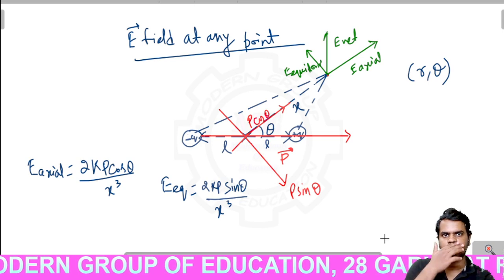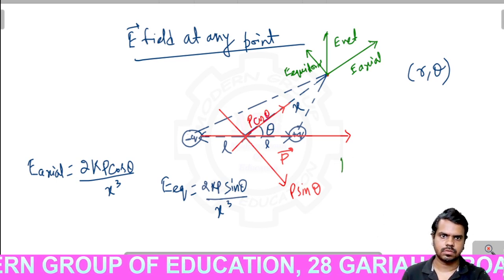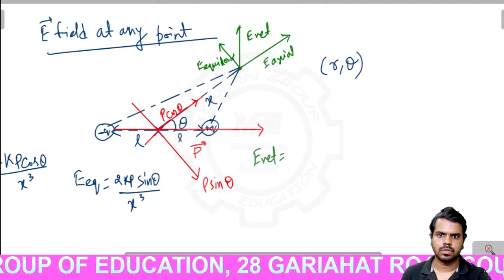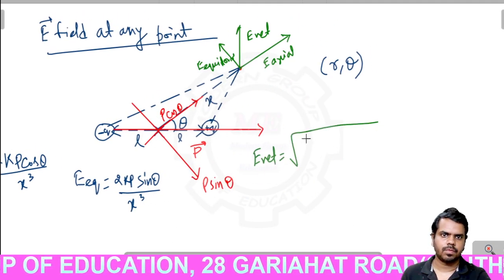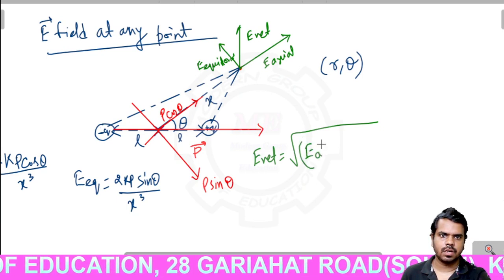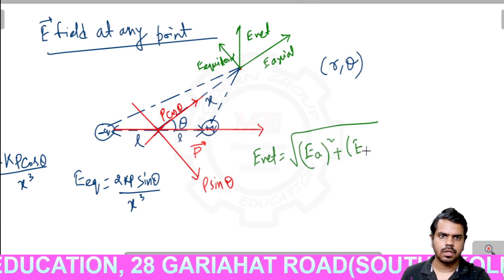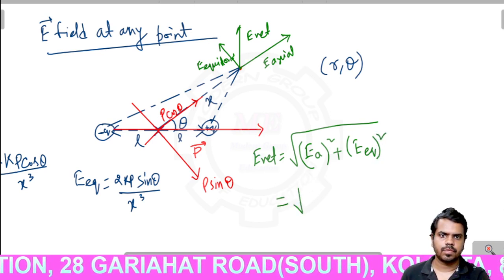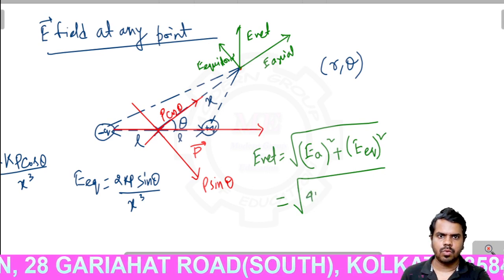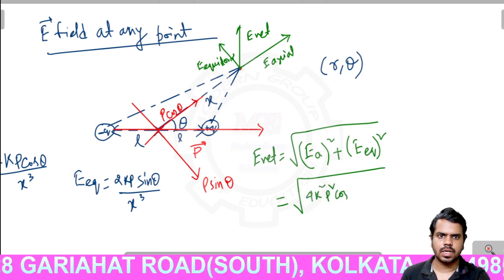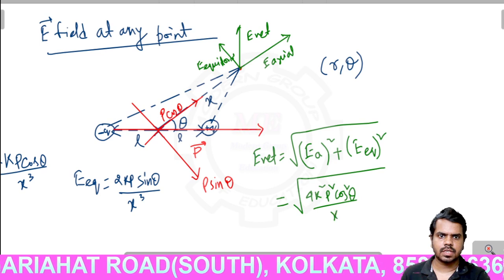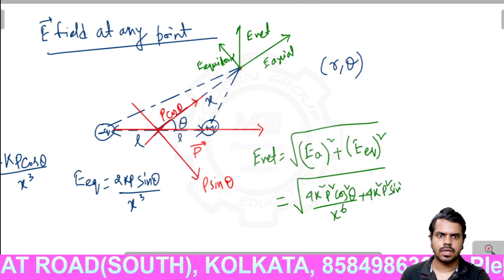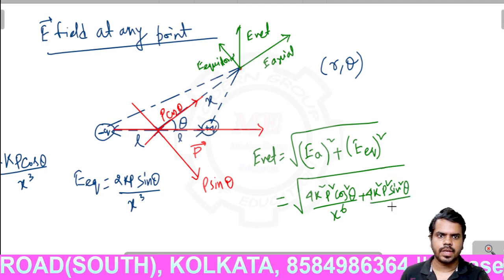Clear? So E net will be root over of E axial square plus E equatorial square. So it will be 4k square p square cos square theta by x to the power 6 plus 4k square p square sin square theta by x to the power 6.